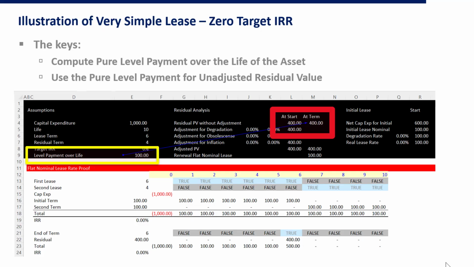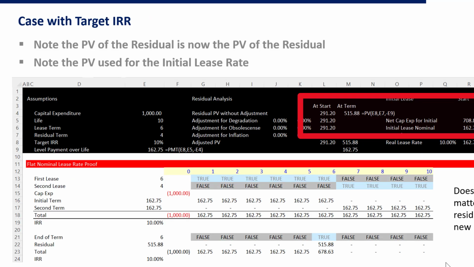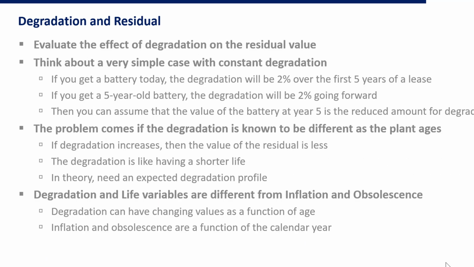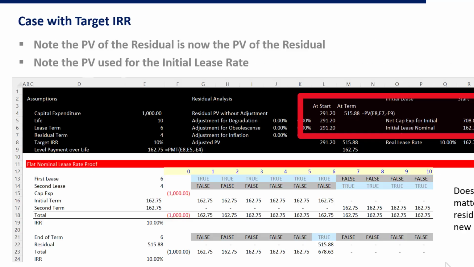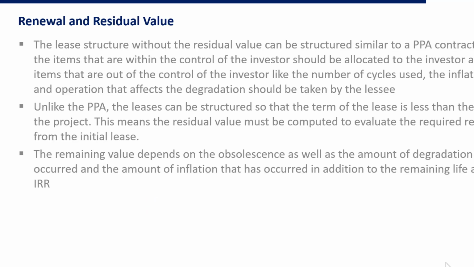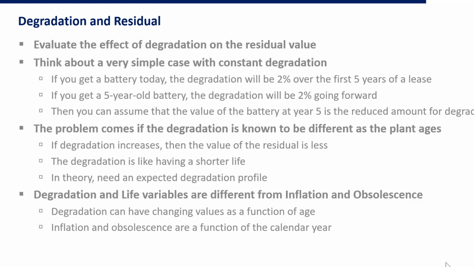Okay, and then so right now I'm going to start by putting some. Well, the first thing I'm going to do is put the 10% in, and then I'm going to put some degradation in here. And if you get a battery today, the degradation should include the expected degradation as well as the past degradation.